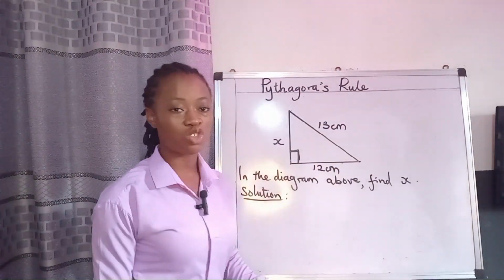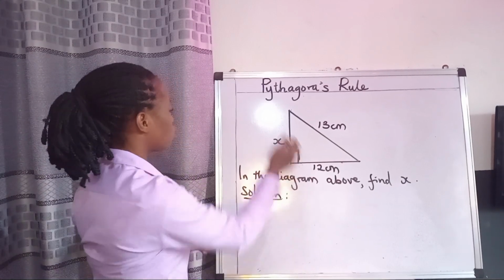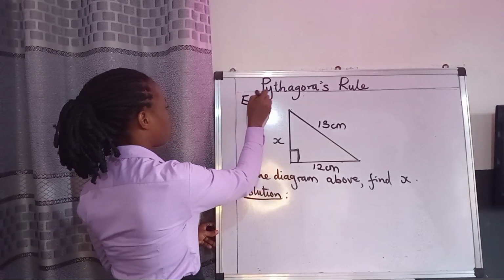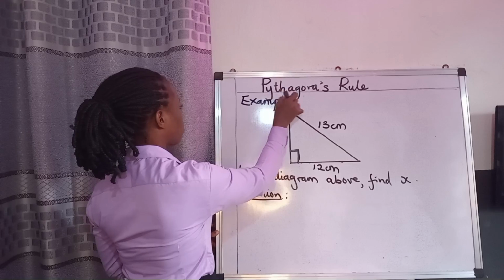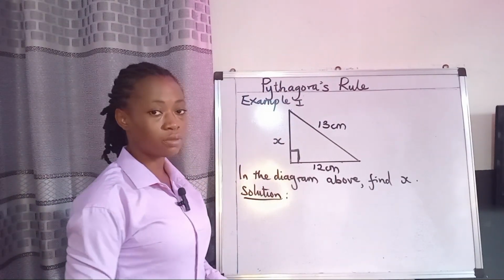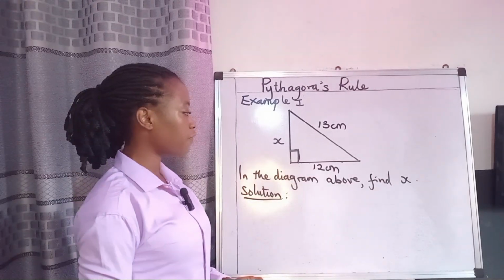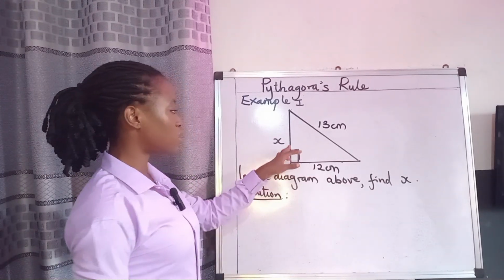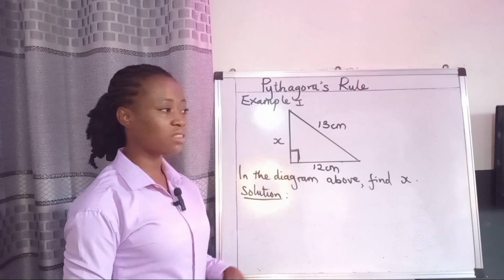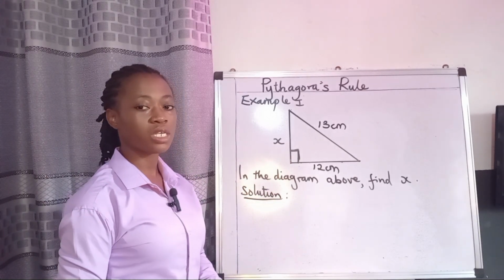Okay, we have a question on the board. We have the first example, okay? So this is example 1. Look at the question we have on the board. In the diagram above, find x. So this is a right-angled triangle, and looking at it, you can see that one of the sides is missing.